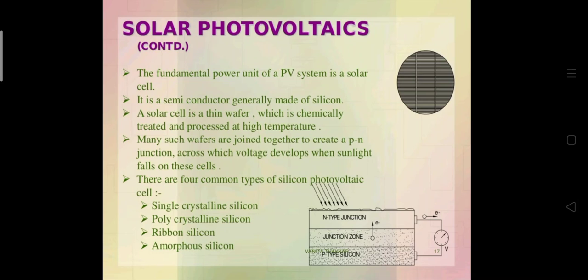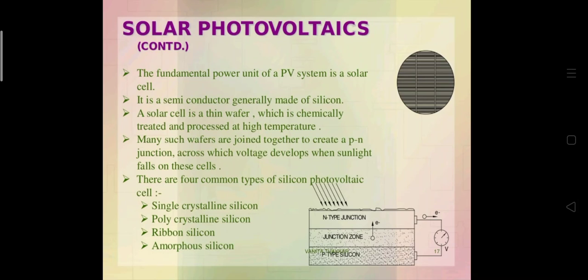A solar cell is a thin wafer, a fraction of a millimeter, which is chemically treated and processed at a high temperature.